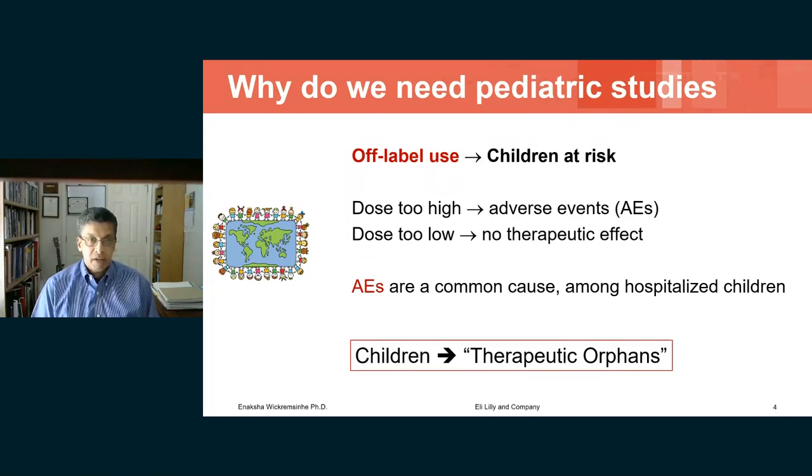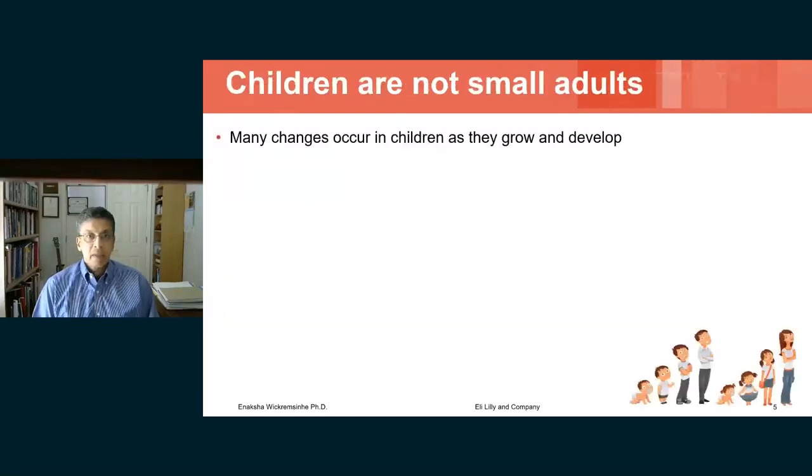So as you can see, children can be labeled as therapeutic orphans, right? They don't have the regulatory approval that you and I as adults enjoy, right? So they need help, they need trials, they need medications that are approved for their use.